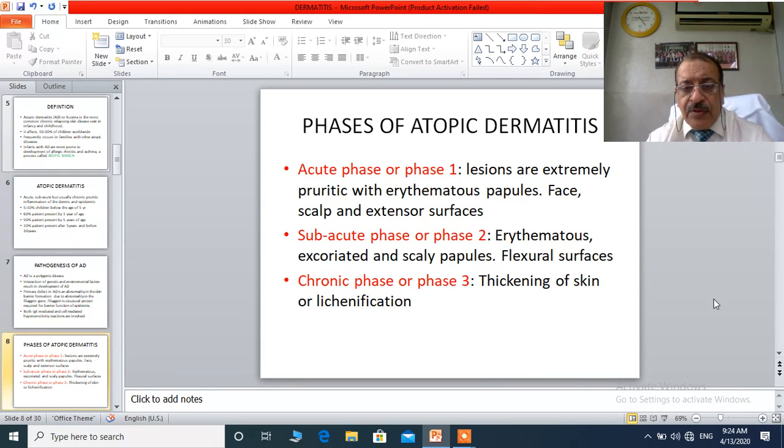The chronic phase, or phase 3, is characterized by thickening of the skin, or lichenification. So in the chronic phase, the involved area is thickened and appears shiny, and this is known as lichenification of the skin.